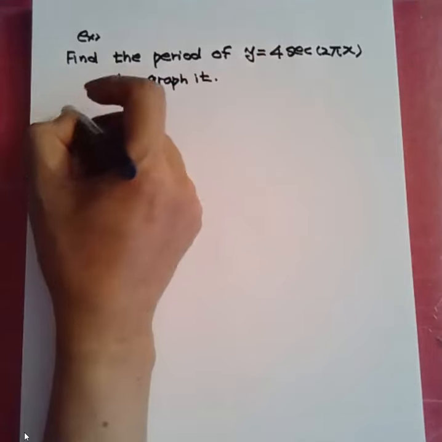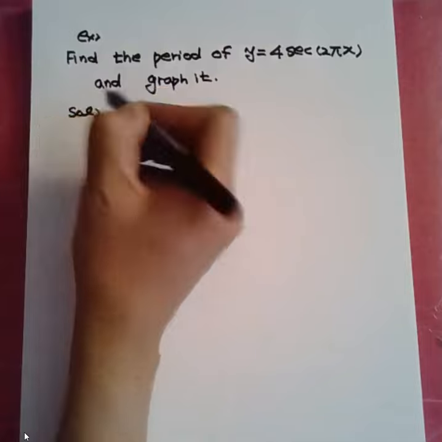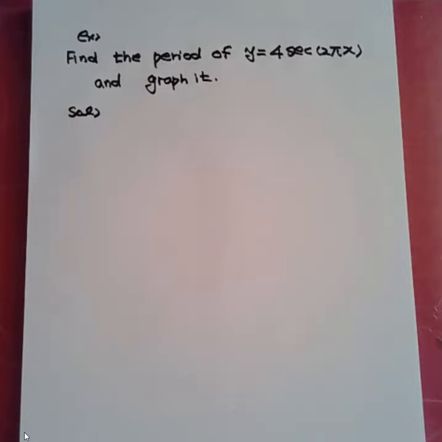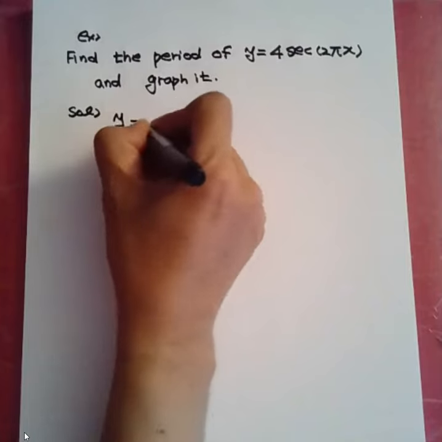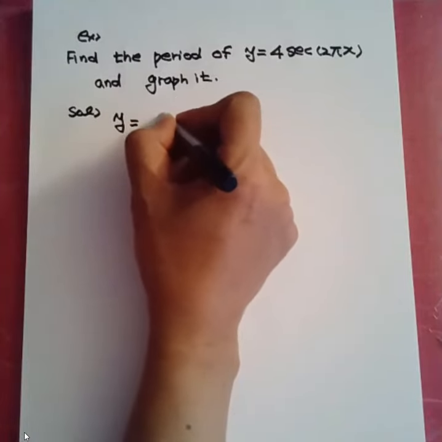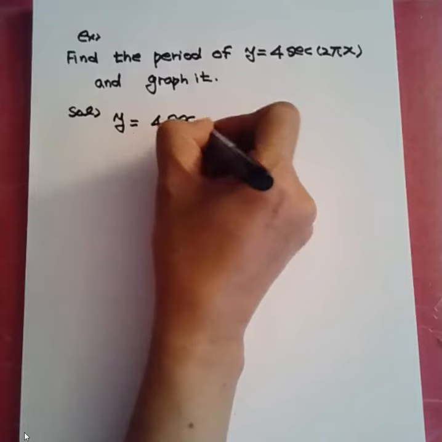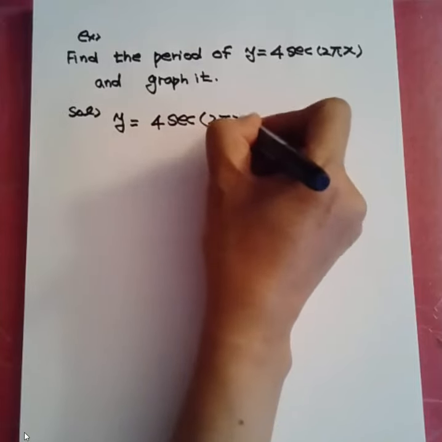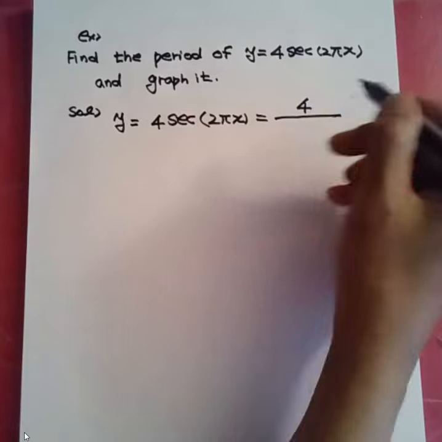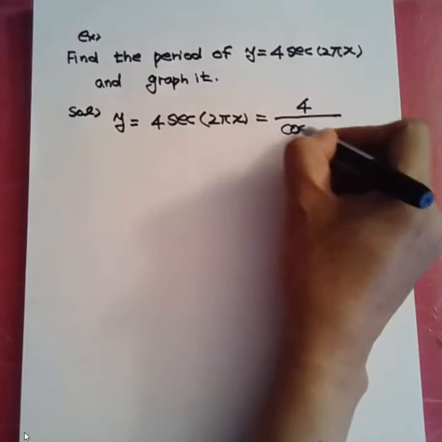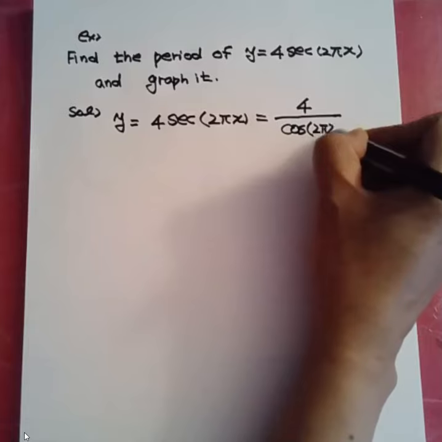In this problem, we want to consider the period of y equals 4 secant of 2 pi x, and by using that information, we want to graph it. Y equals 4 times secant of 2 pi x can be rewritten as y equal 4 over cosine of 2 pi x.